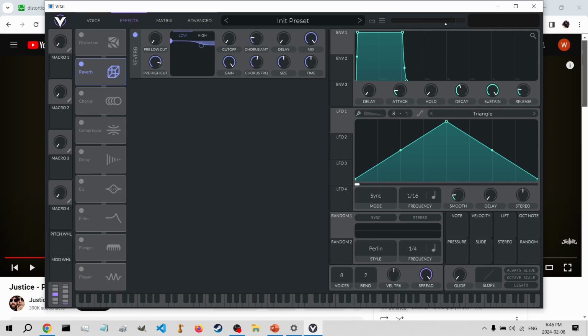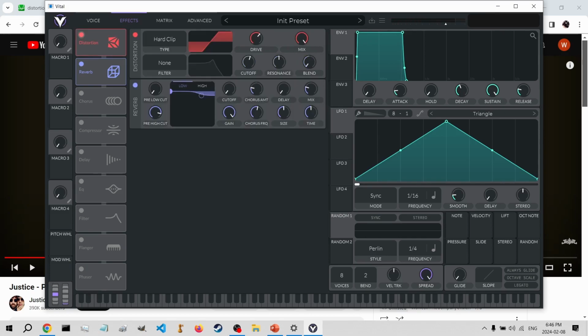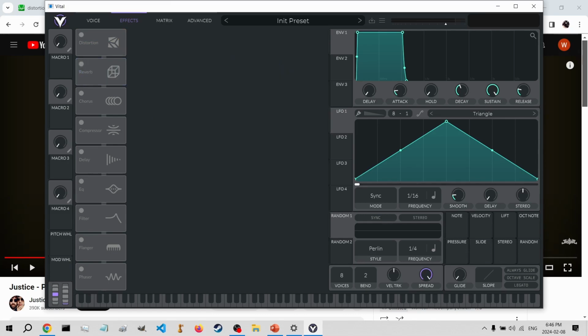So we can have it with just the reverb. And then as we go down in the mix, we'll get back to the original sound. And you should see this theoretically on any effect. But like I said, there's a lot of effects, you can spend a lot of time here.